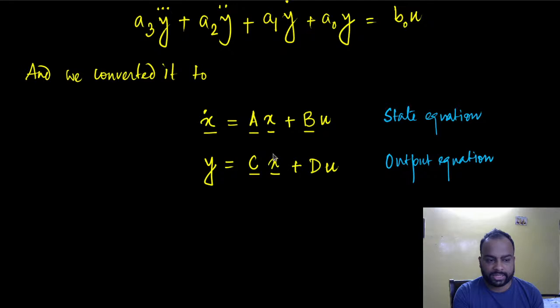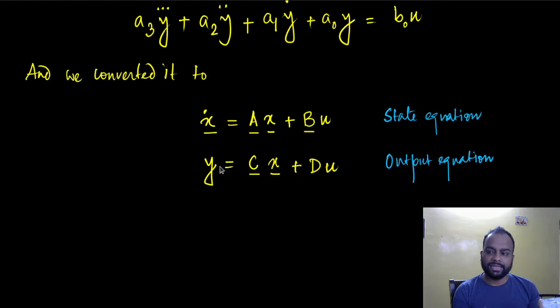So by multiplying the state vector with this matrix C you generate the output. That is why matrix C is known as the output matrix. And matrix D denotes the part of the input that directly gets fed to the output.